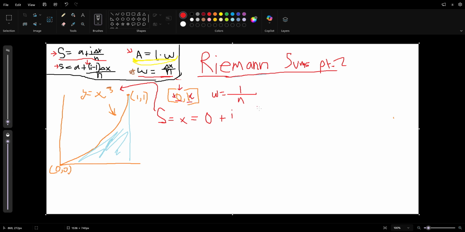And in this scenario, delta x is just the same thing as the numerator of the width, which is just 1 over, you guessed it, n. So this means that this is equal to i over n. Now, you might be wondering, we literally have two variables in our equation. How are we going to solve this? Well, this is where we use Riemann sums. And this is where it gets a little bit more complicated. Not too much, hopefully.